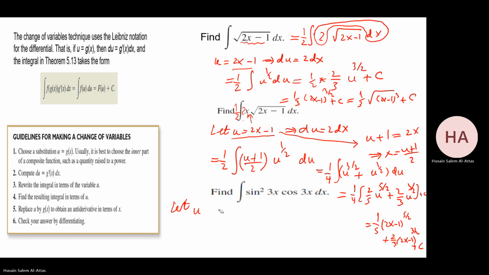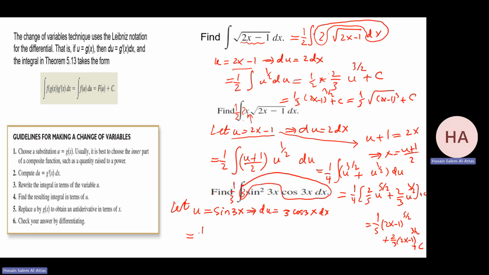However, if you do it the other way, if you do it u equals sine 3x, what will happen? du will be 3 cosine 3x dx. So I need 3, and I need 1 over 3. This 3, the cosine 3x dx, that will be my du.